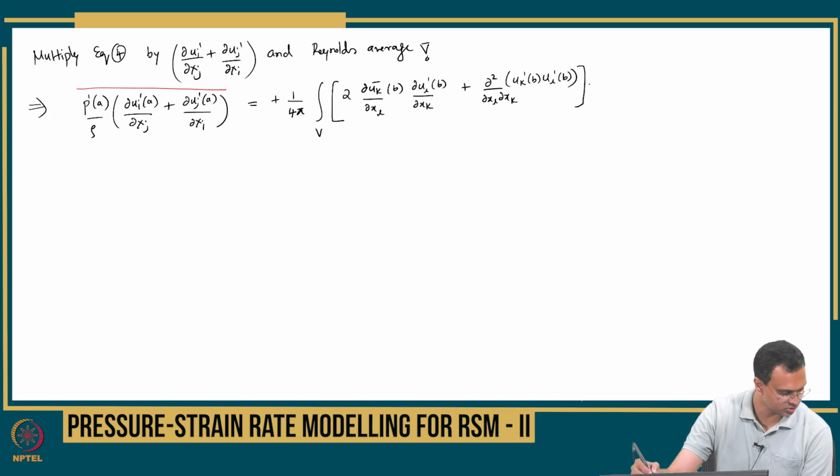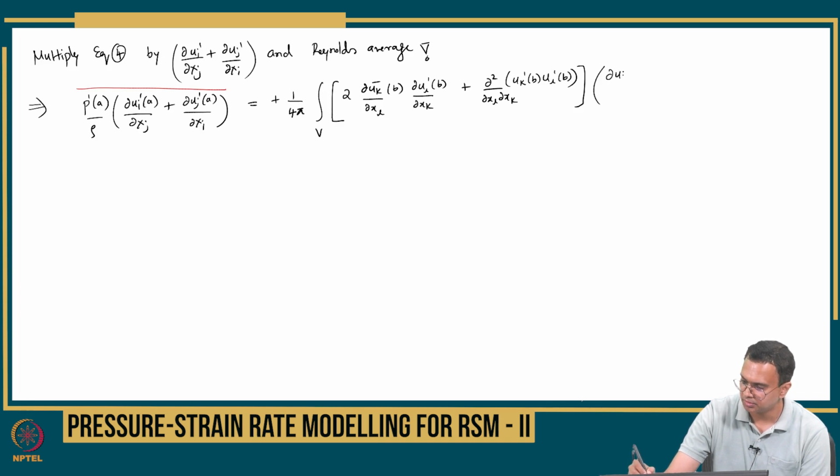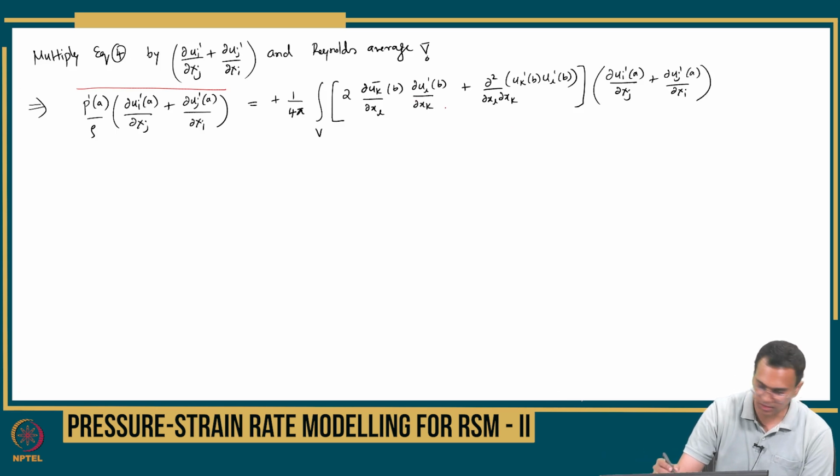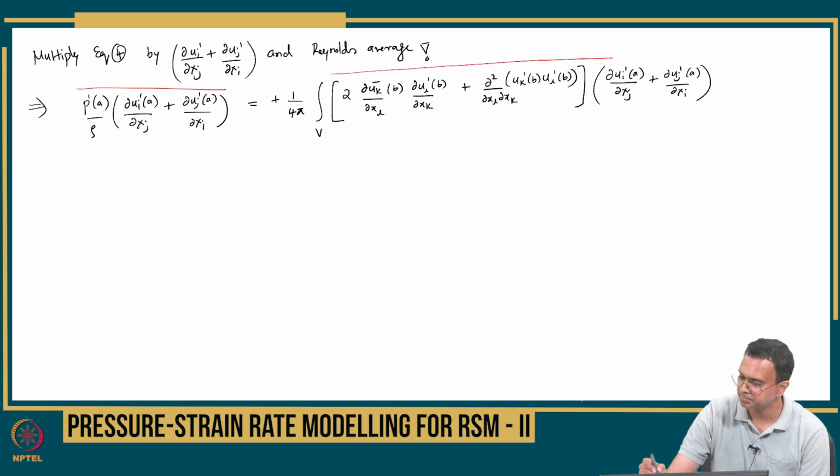This is my entire source, multiplied by this particular term on the left hand side. So I have ∂ui'(A)/∂xj plus ∂uj'(A)/∂xi, and then the average term, and then I have this d³B and the delta function of B minus A.